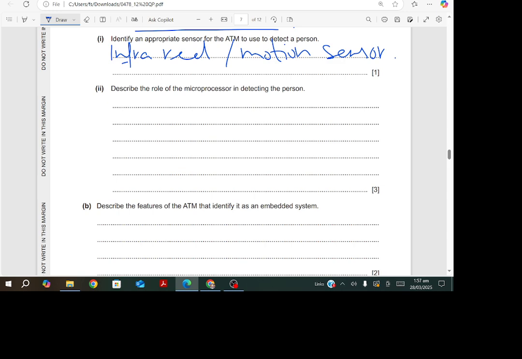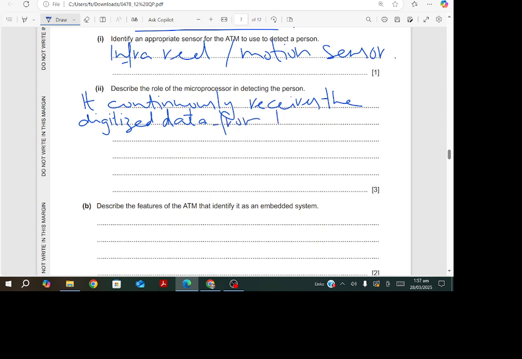The microprocessor continually receives the digitized data from the sensor. This is the same description as in the book.